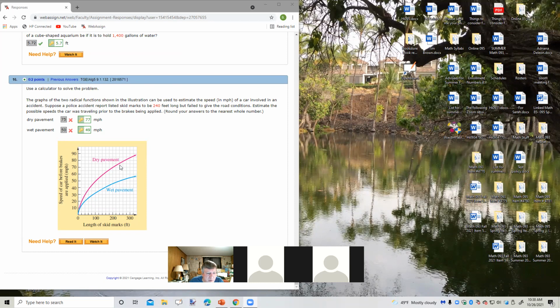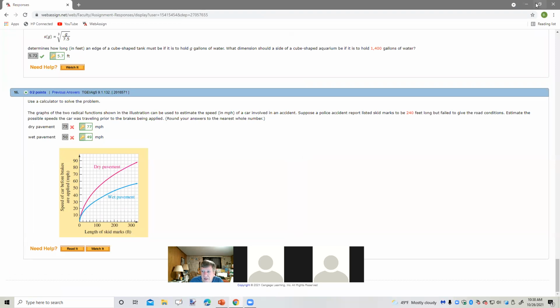I wish I could zoom in on this and make it bigger, but that doesn't make it any bigger anyway. Anyway, so 240 right there. It looks like it's slightly above 75. So my first guess, I think, would be 76.